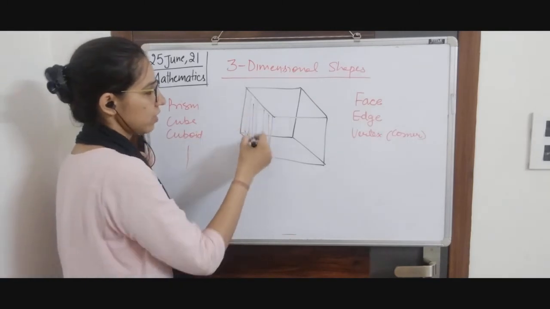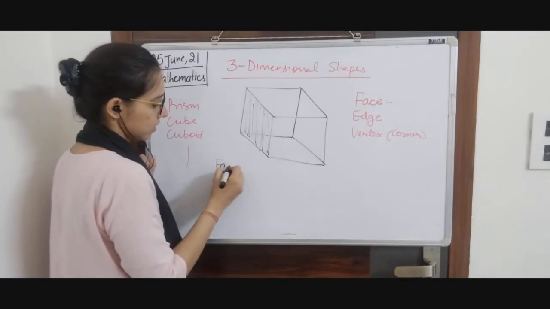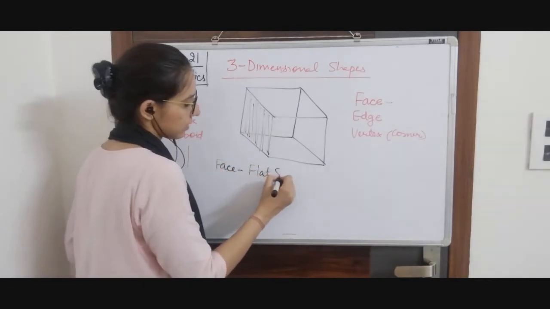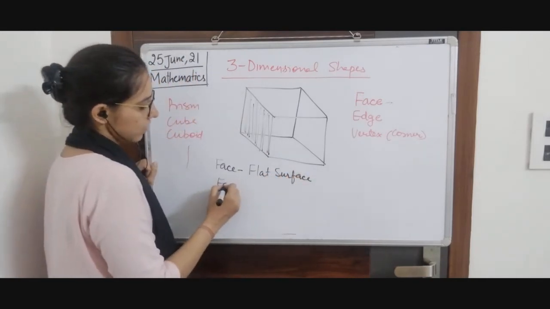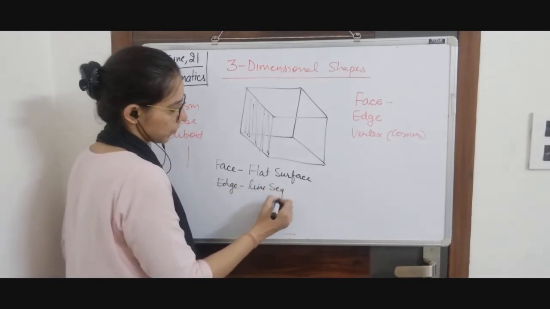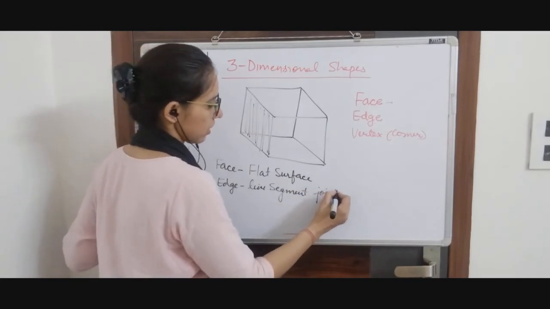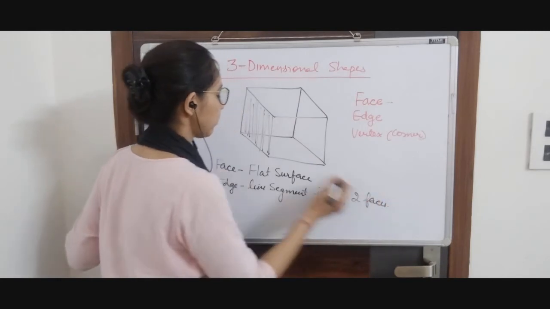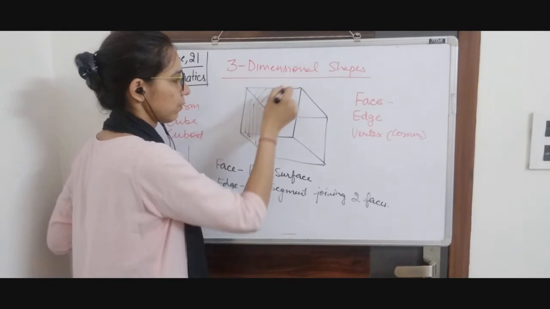First is our face. What is the face? It is a flat surface. What is an edge? Edge is the line segment joining two faces. Suppose this was one face and this was second face.